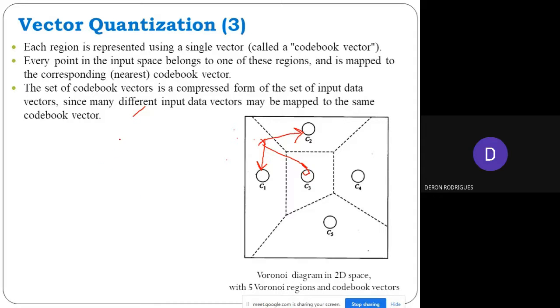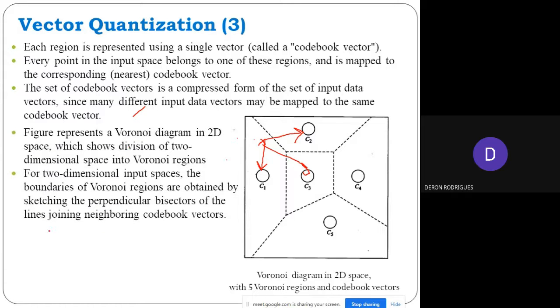So this point will be assigned to that particular code word vector, or the nearest code word vector will be assigned to that point. So the set of code word vectors is a compressed form of the set of input data. Now here the input data will be infinite, it will be quite large, but I will have only five code word vectors. So it is limited data. Many of the input vectors will be mapped to the same code word vector.